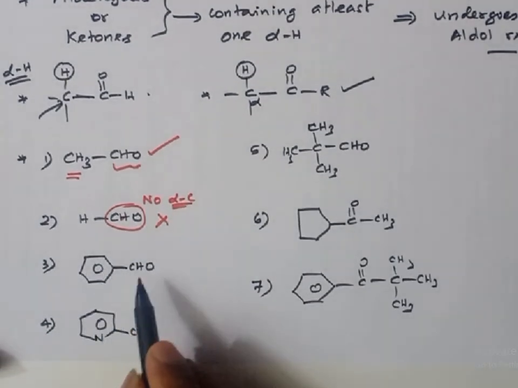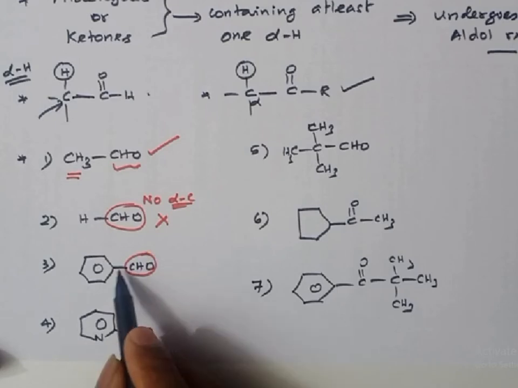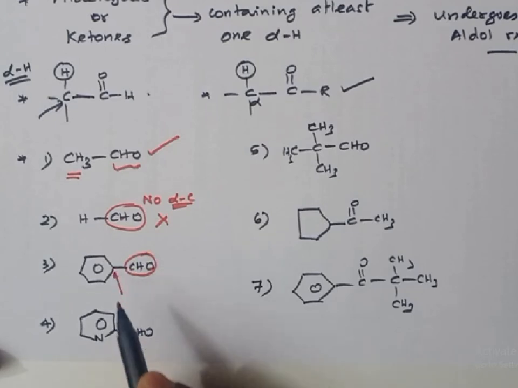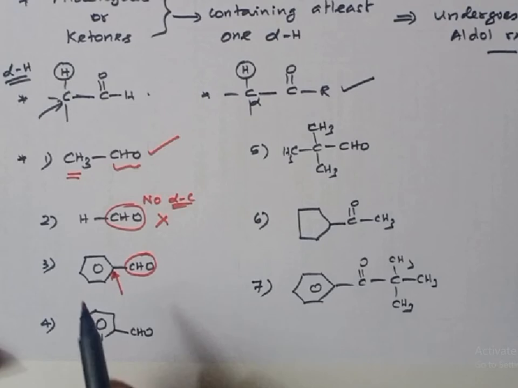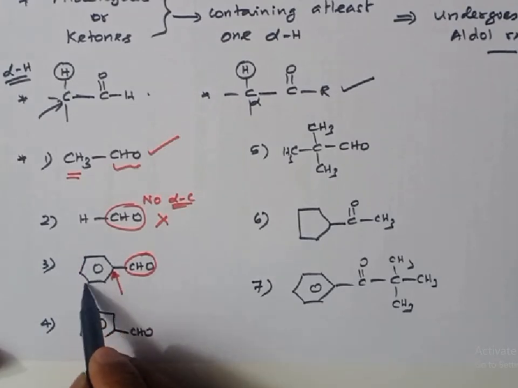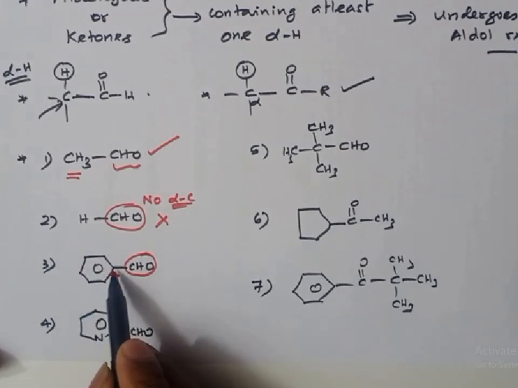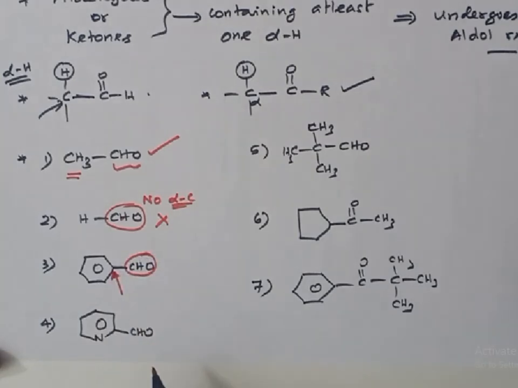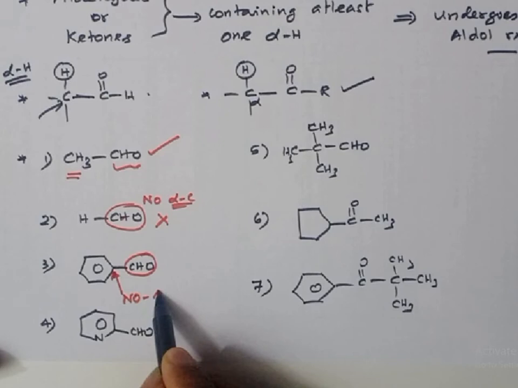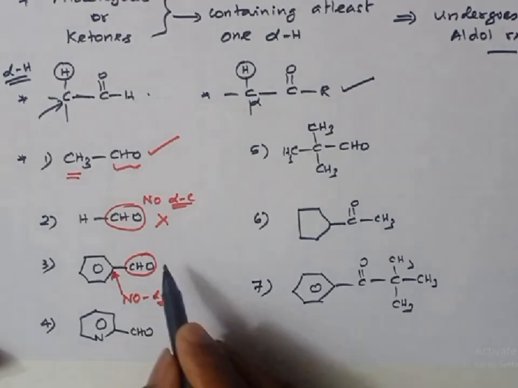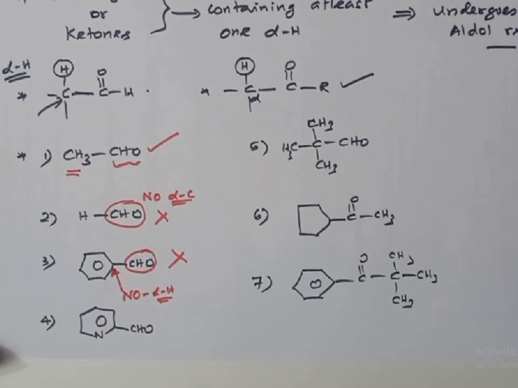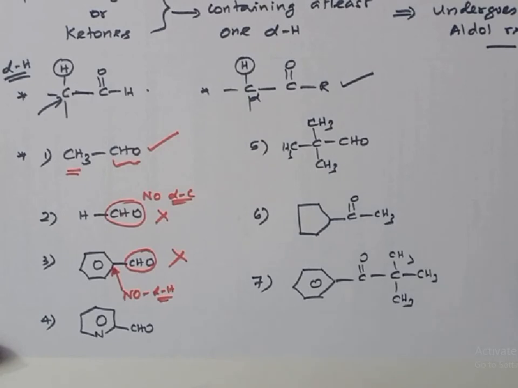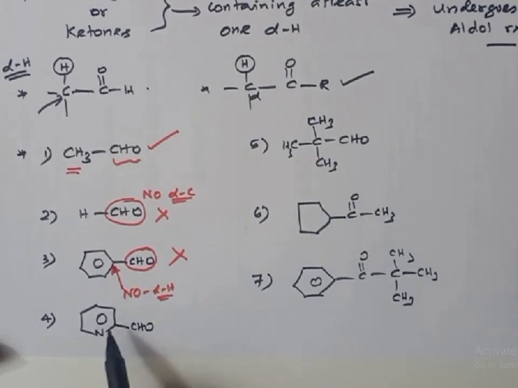Then benzaldehyde. This is the aldehyde group, and this is the aldehyde-attached carbon. In benzene, each carbon contains one hydrogen, whereas in this carbon that hydrogen is replaced by the aldehyde group. So there is no alpha hydrogen. Therefore, benzaldehyde does not undergo this reaction. Similarly, here we have pyridine 2-carbaldehyde.